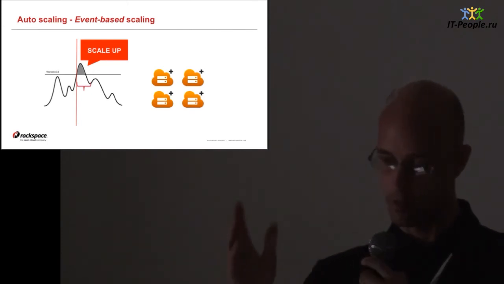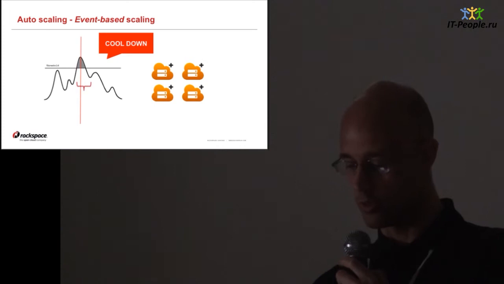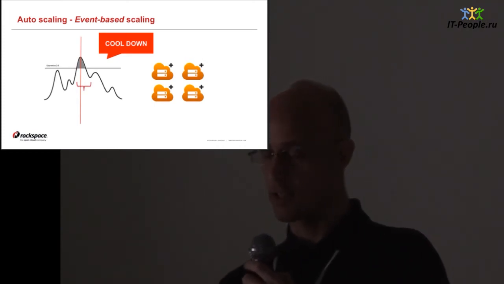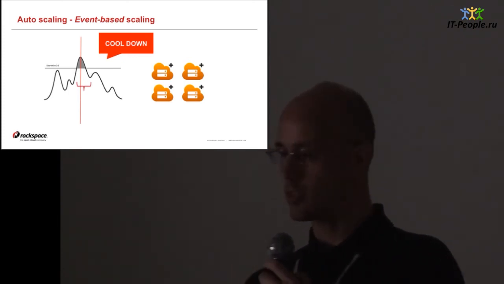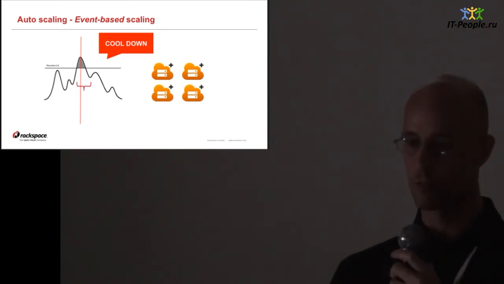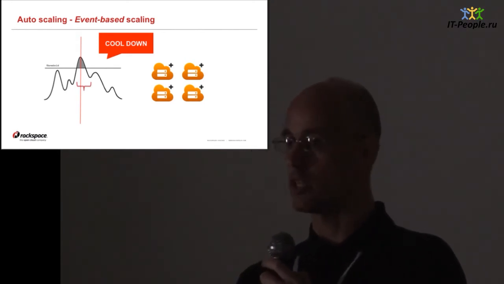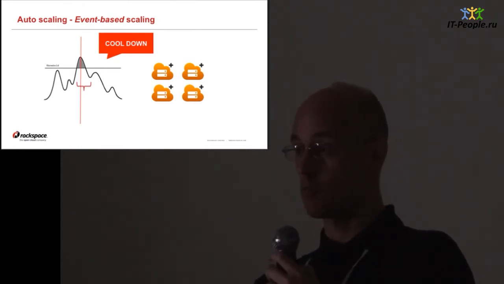At this point, you start a timer which is called cooldown. A cooldown is quite easy if you think about it. Let's say that when you want to provision a new server on the cloud, it might take some time, maybe 1, 2, 3 minutes. Okay, let's say it takes 3 minutes.